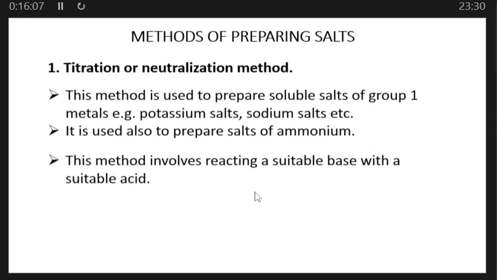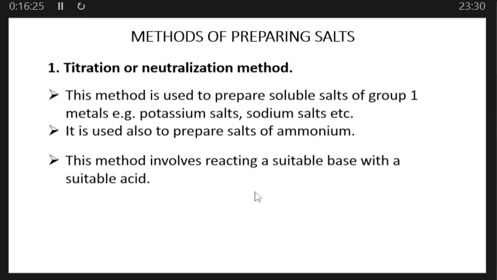So that's how this method works. A base and an acid. And you'll see what we mean by suitable base, suitable acid later when we start looking at the actual process of preparing salt. All right.